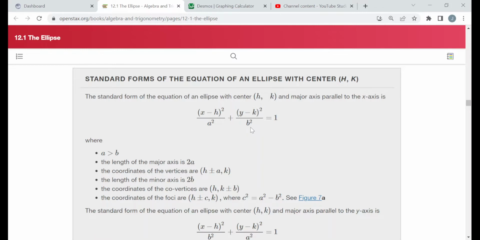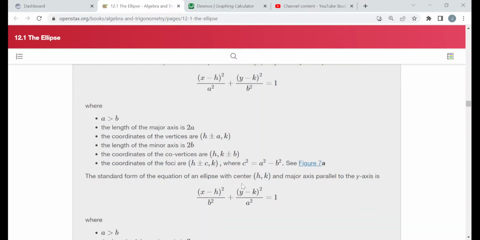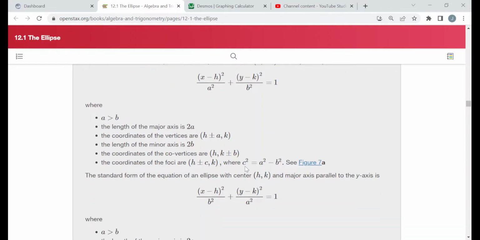B represents the distance from the center to a co-vertex, or you could also think of this as the length of the minor axis being twice b. And they give you coordinates of the vertices and coordinates of the co-vertices. And then there's this number c that shows up once in a while.